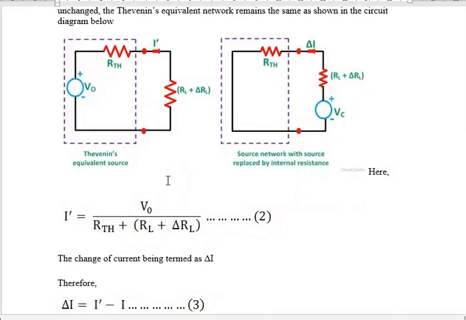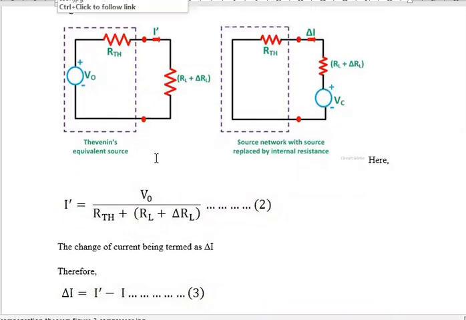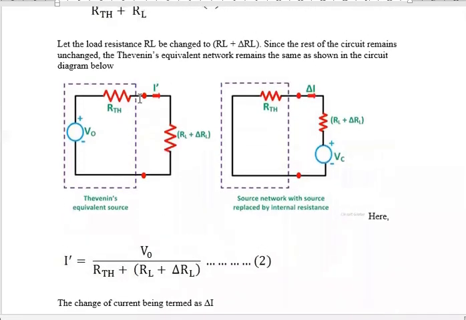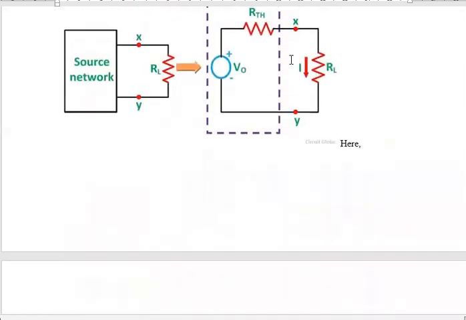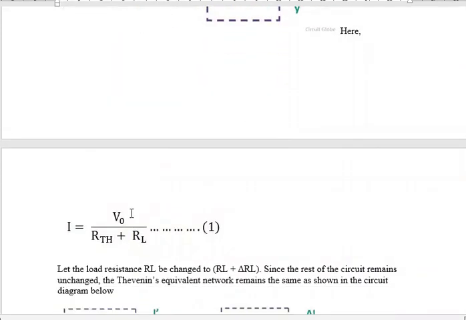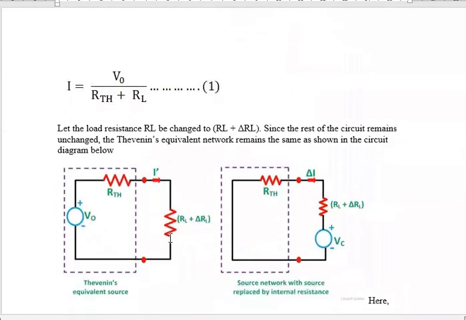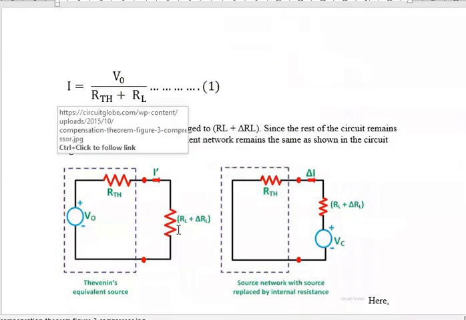So this is before change in resistance of load branch. I equals V naught by RTH plus RL. After there is an addition of delta RL in series with RL, now RL plus delta RL is the resistance. In this case, the new current is I dash in this branch.